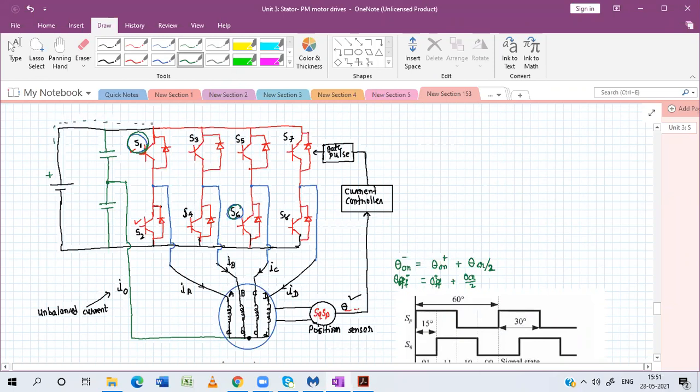S1 is on, so this A phase is getting positive, and S6 is conducting, so it is connected with the negative side. Are you getting it now, Derek? So here it is negative and here it is positive, and here it is negative, here it is positive. So your path is completed like this. Is it clear? And if there is any unbalance, then the current goes in this case. Is it clear, Derek?